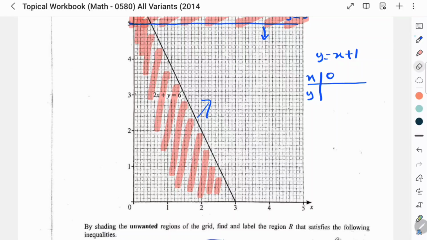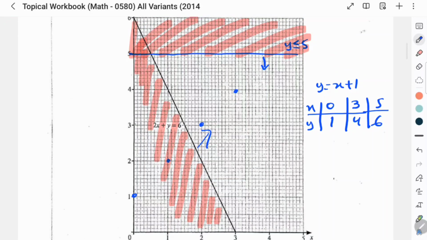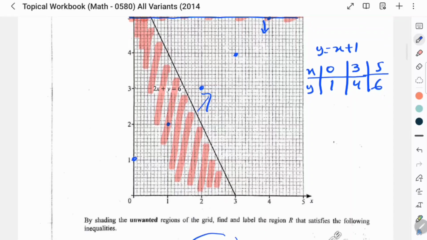So right now 0 and then 1. If I'm taking, for example, 3 plus 1 is 4. If I'm taking 5 plus 1 is 6. So it means 0, 1, 1, 2, 2, 3, 3, 4, 4, and then 5. Now just join them.